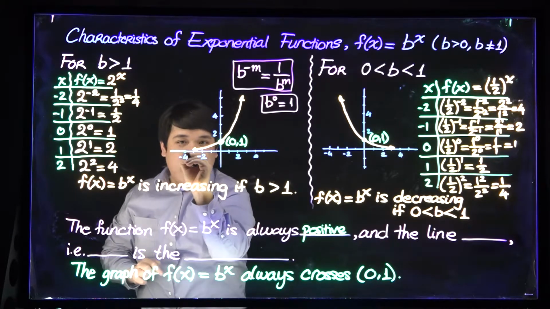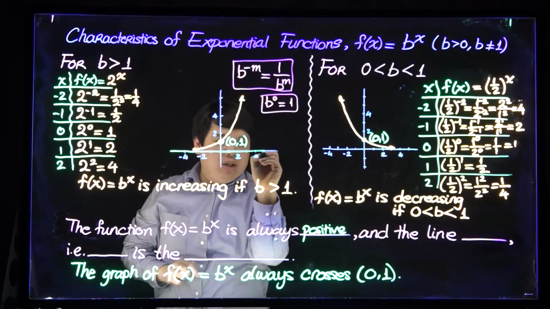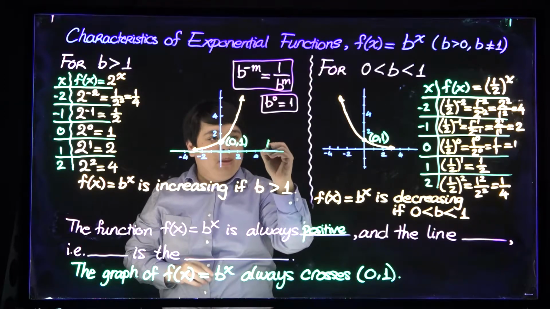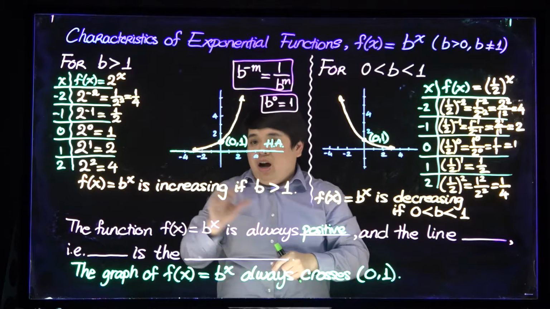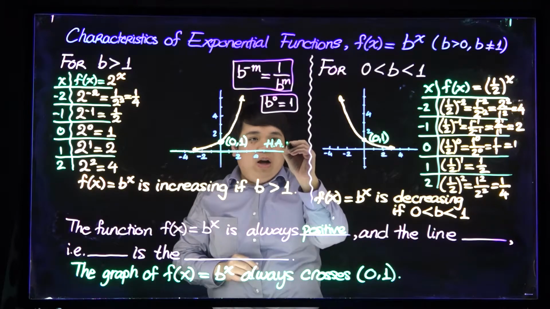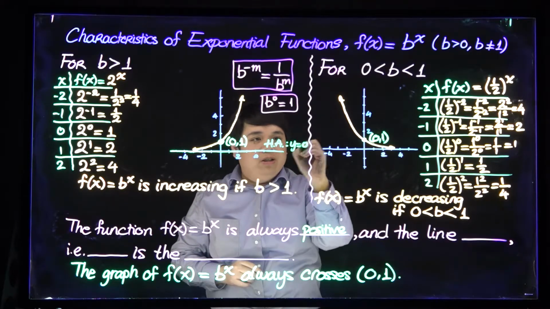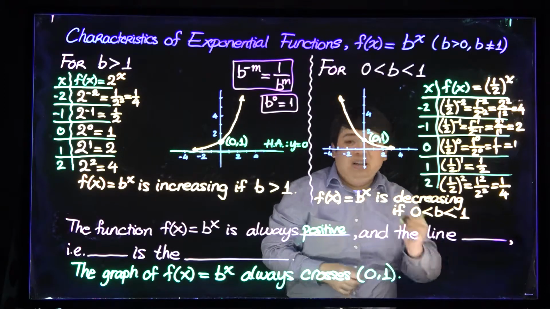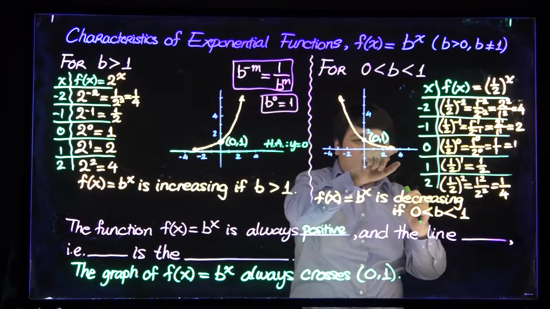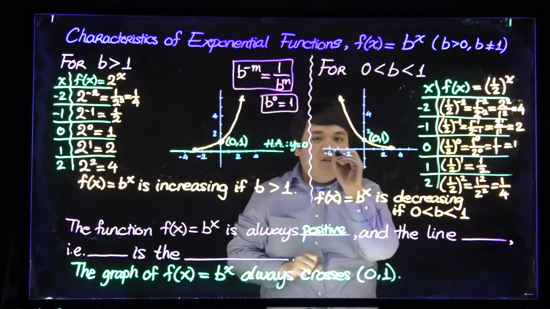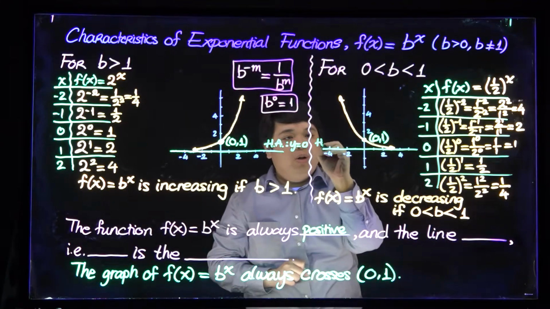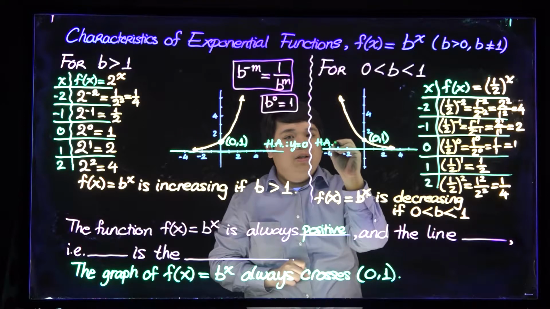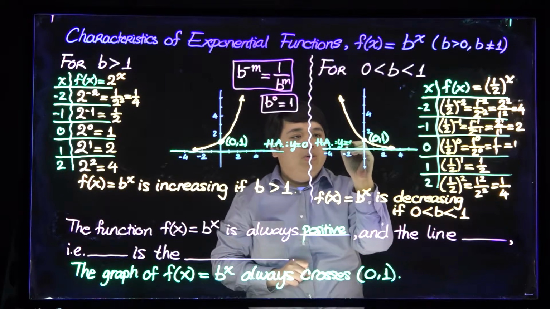So in that case, what we have is a horizontal asymptote, the line y equals 0, which is the x-axis. The same thing here: it can get closer and closer to the x-axis, but will never touch. And the horizontal asymptote is y equals 0.